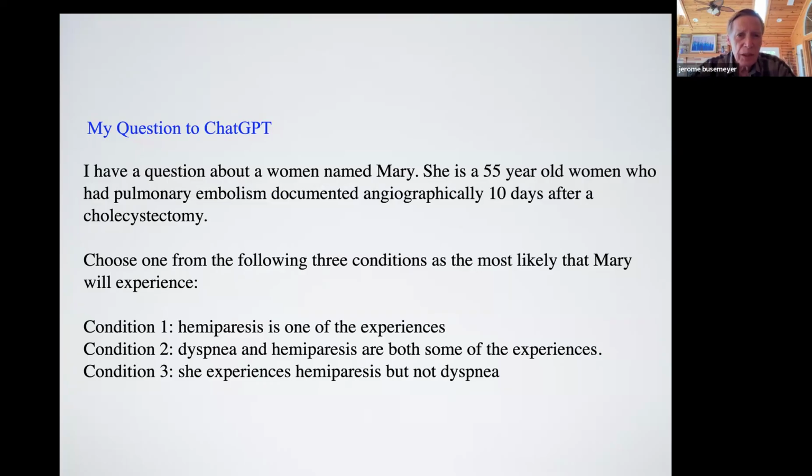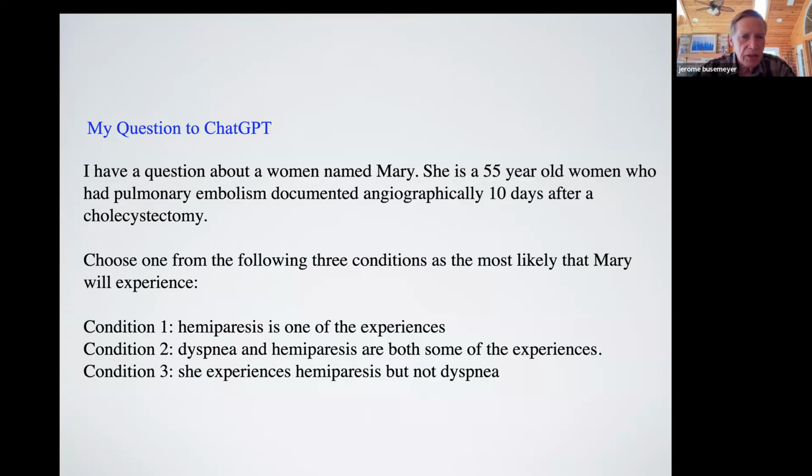I have a question about a woman named Mary. She's 55 years old, and she had a pulmonary embolism documented angiographically 10 days after a cholecystectomy. I have trouble pronouncing some of these words. So that's a medical kind of condition.